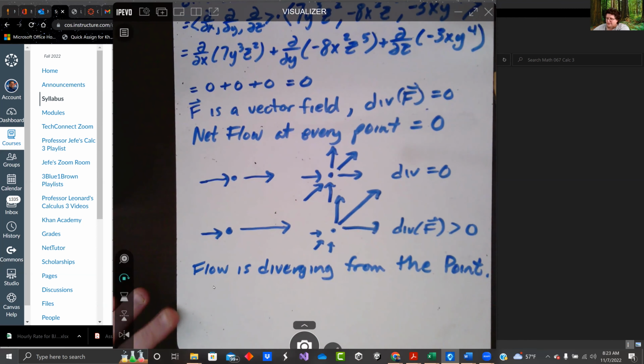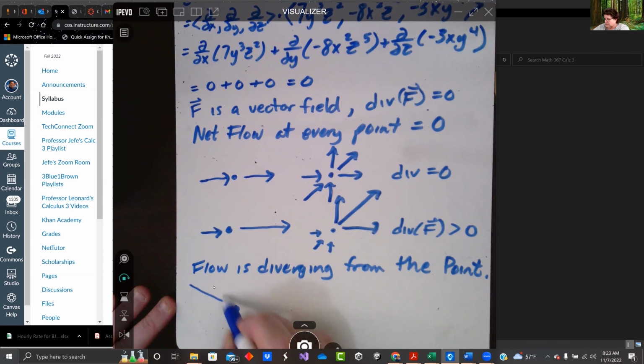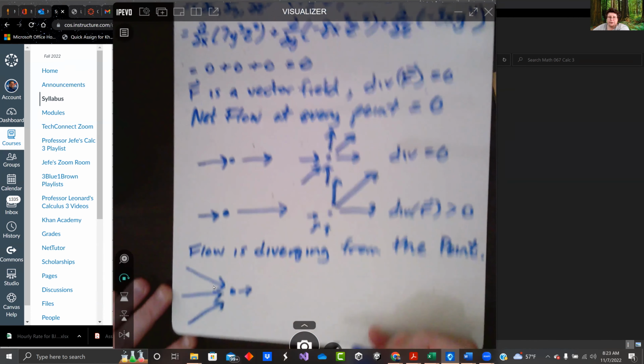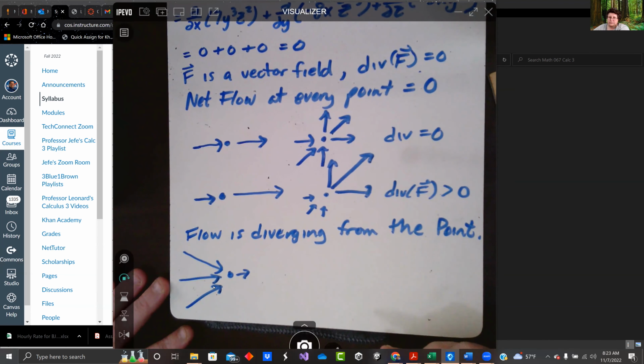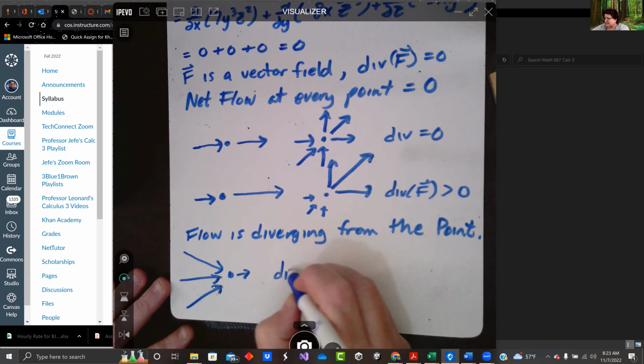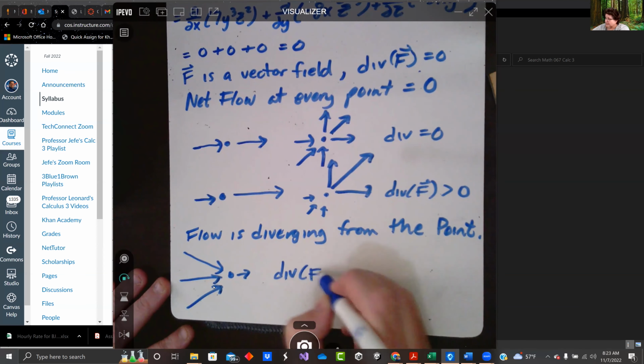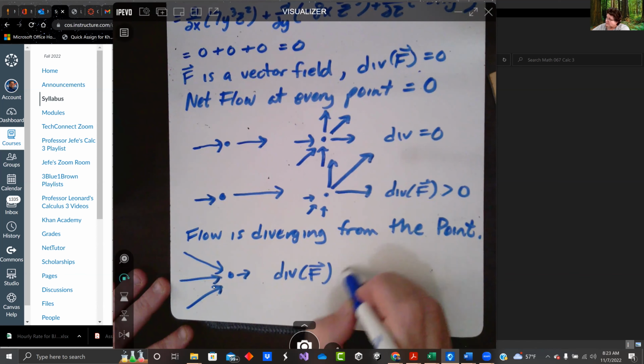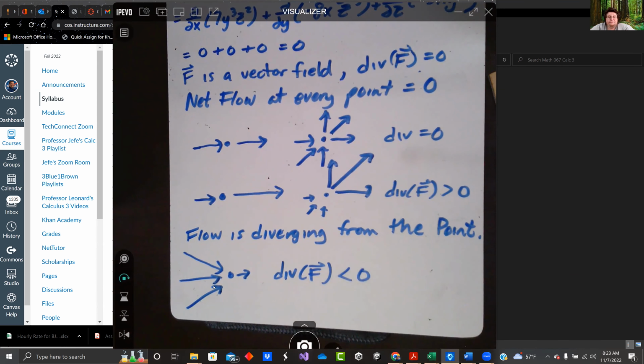And if we have more going into a point than is coming out, divergence is less than 0. It's a negative number.